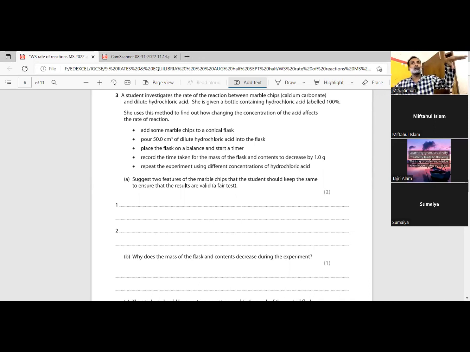What, the time taken to decrease the mass or producing 1 gram gas, চিন্তা করতে পারো?